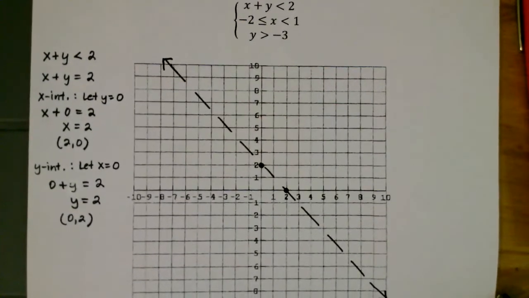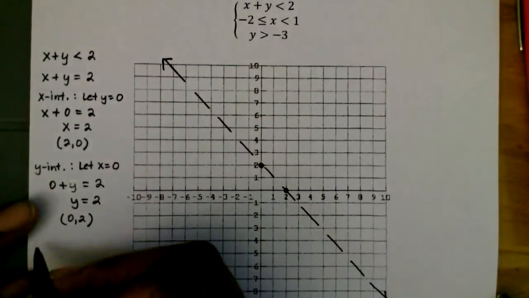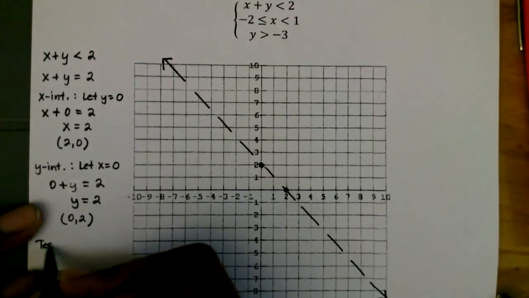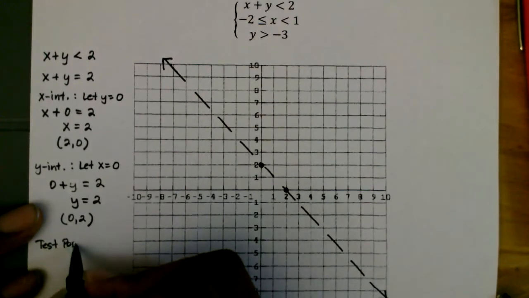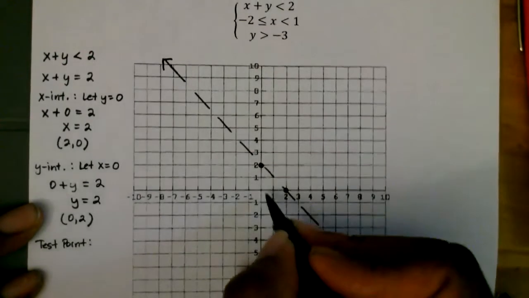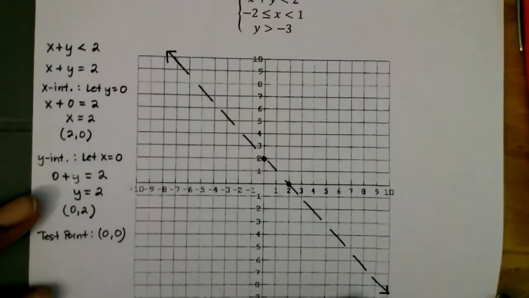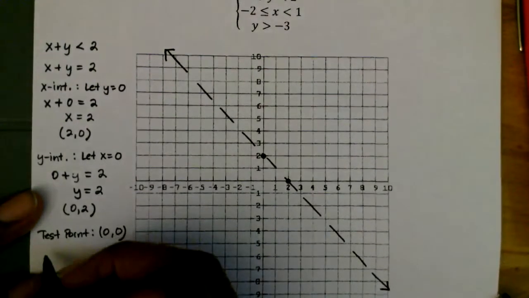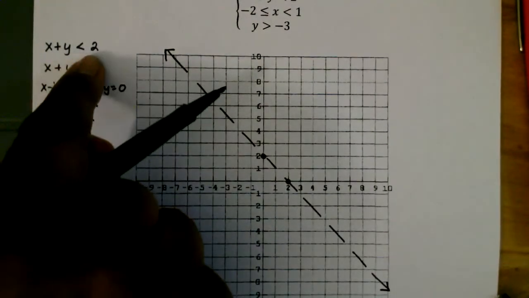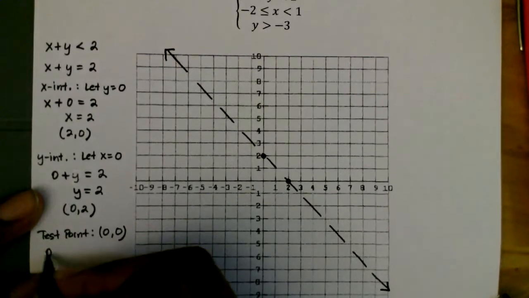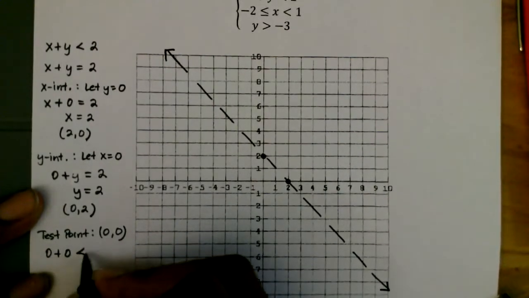And now I need a test point to find out which region I need to shade. A good test point would be the ordered pair 0, 0. Okay, and using that x plus y is less than 2, x is 0 and y is 0.